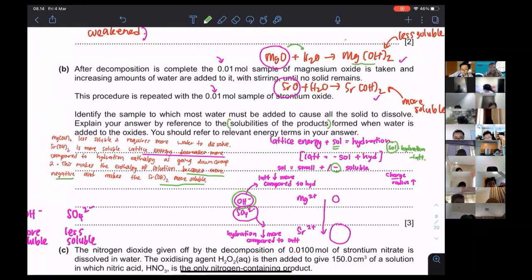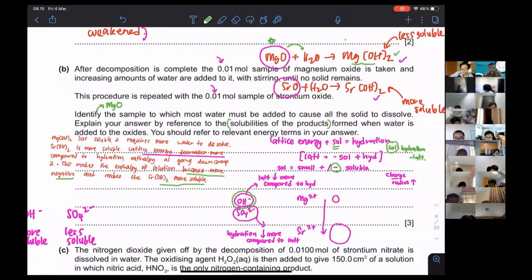So the sample that you need to add most water to is the sample containing MgO. Don't go and say sample containing Mg(OH)2, because the sample that you take is MgO. Because this product is less soluble, to make all the solid dissolve, you need to add more water.